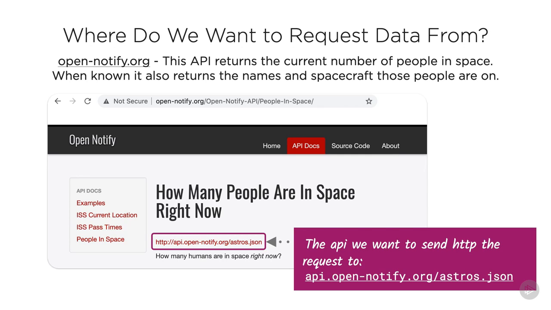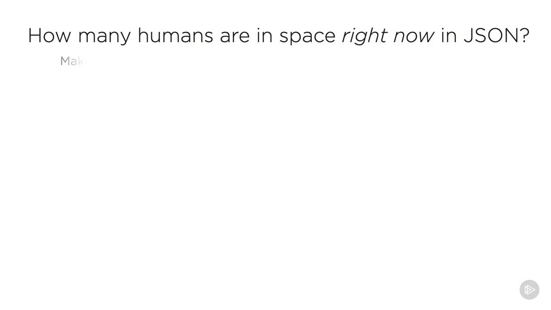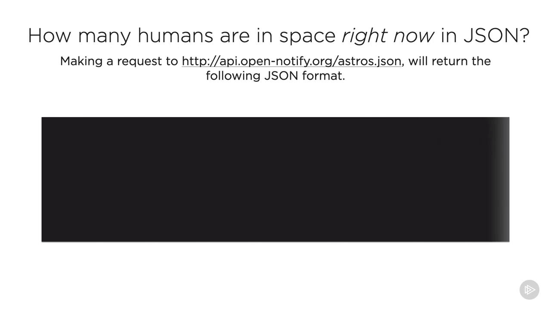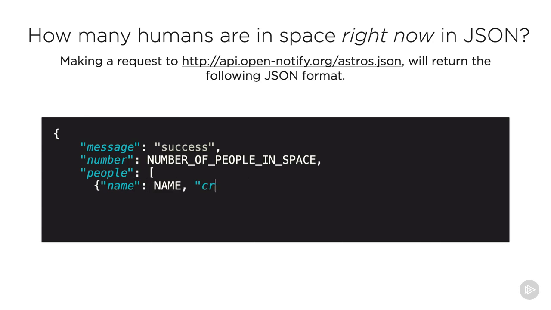And that JSON at the end helps us know that it returns data in JSON format. The website even shows the format of the JSON that will be returned. There will be a message if the request was a success. There will be a number for the number of people in space, and then there will be a key, people, for the list of people in space, where each person is listed with their name and spacecraft name.